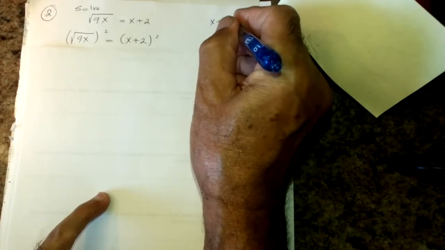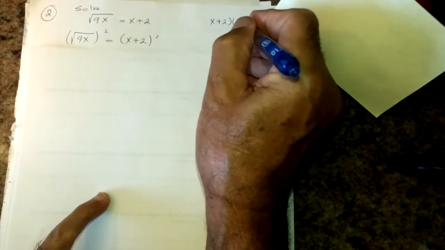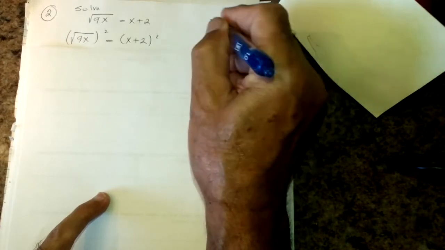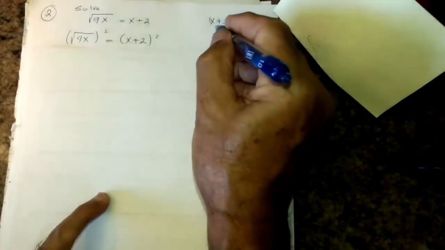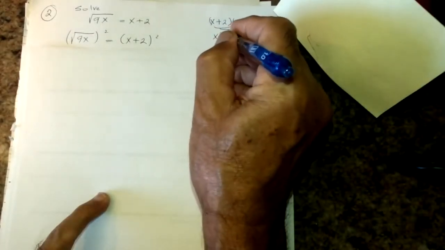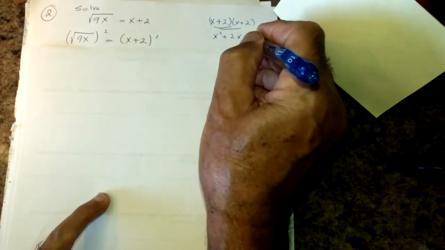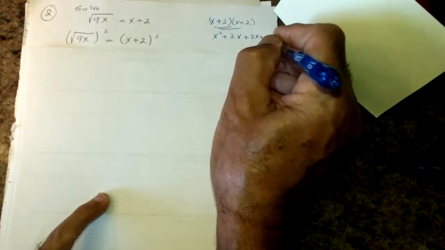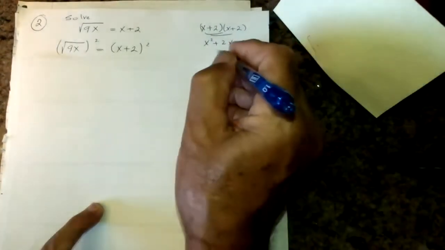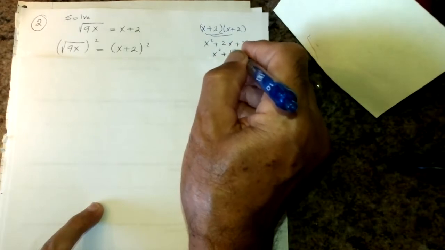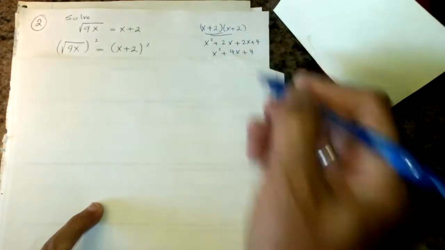You either use the formula, or you just write it as x plus 2 times x plus 2, which is x2 plus 2x plus 2x plus 4, or x2 plus 4x plus 4.